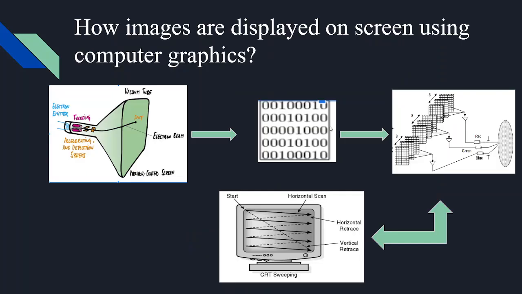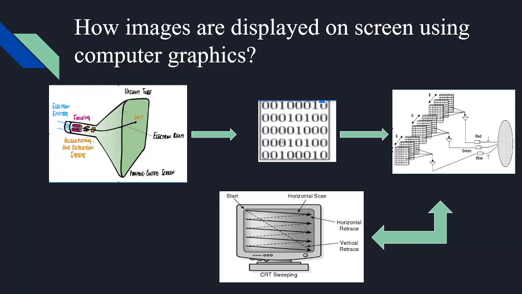Now, how are images displayed on screen using computer graphics? First, this is the phenomenon we use in cathode ray tube architecture, where electrons from the electron emitter are emitted and bombarded on the phosphorus screen. This is a phosphorus screen, and it excites the electrons of the phosphorus, thus illuminating the pixels.